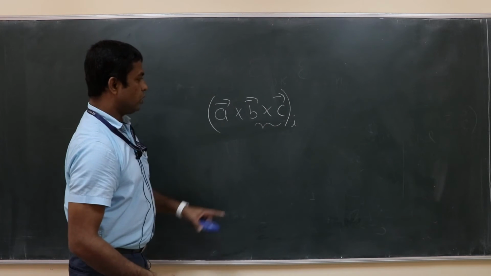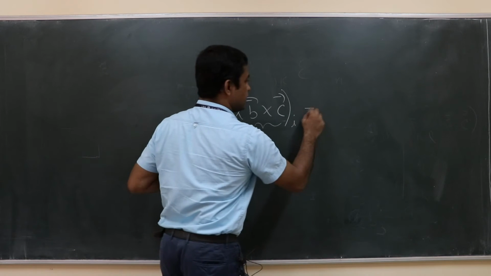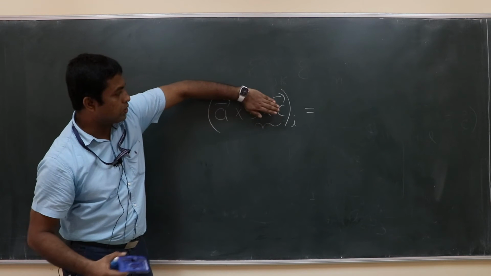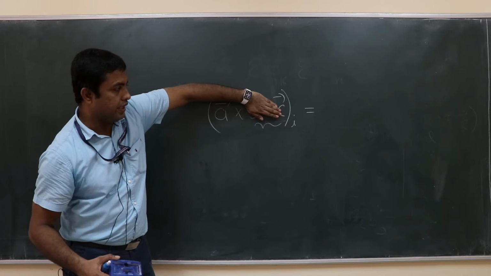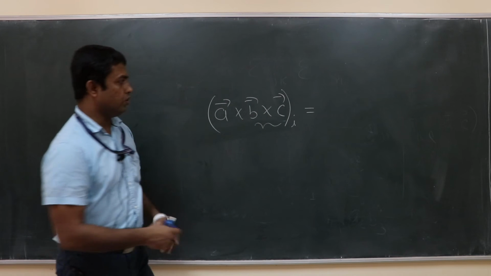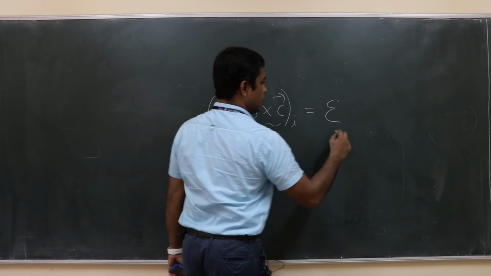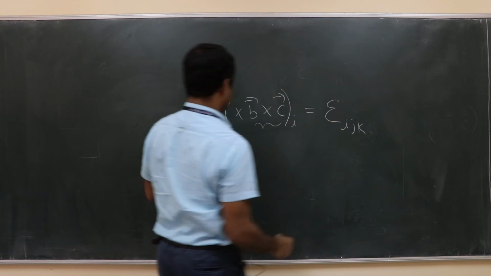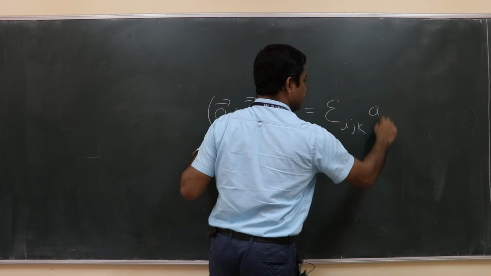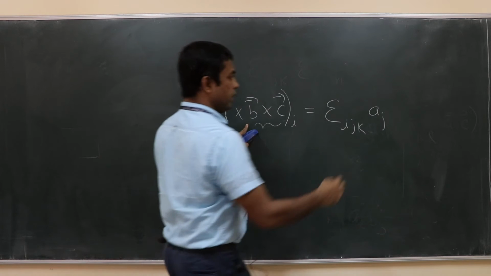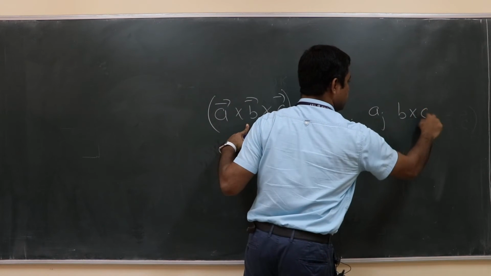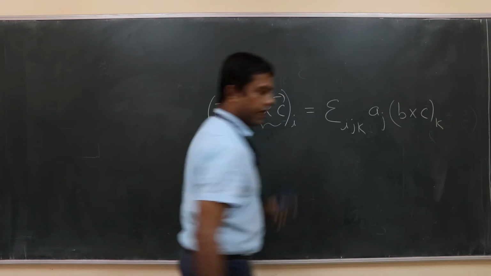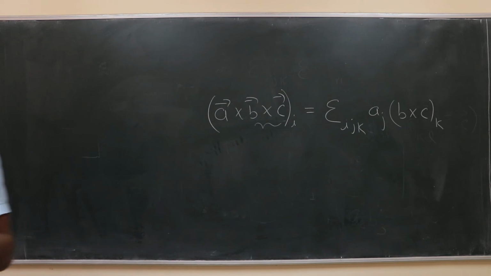Using the Levi-Civita symbol, how can I write this? Because B cross C will be another vector, call it D. So A cross D is epsilon ijk Aj (B cross C)k. Right? Any question?